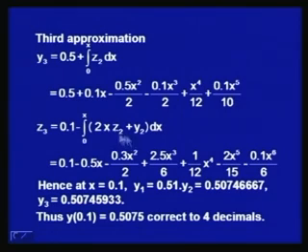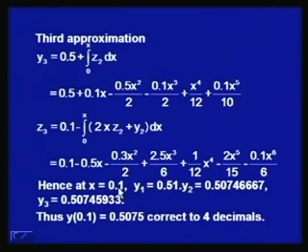Substituting the values of z2 and y2 here, we will get after integration 0.1 minus 0.5 into x minus 0.3 x square by 2 plus 2.5 x cube by 6 plus 1 by 12 x to the power 4 minus 2 x to the power 5 by 15 minus 0.1 x to the power 6 by 6.